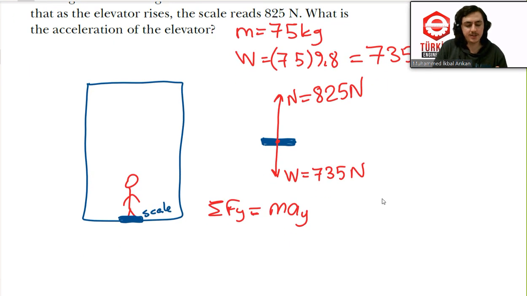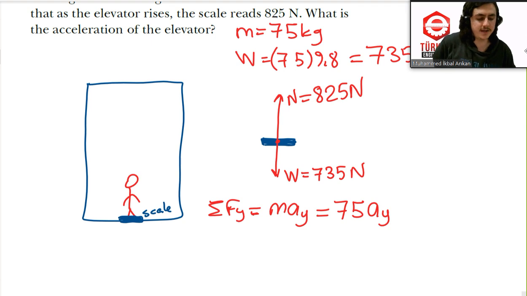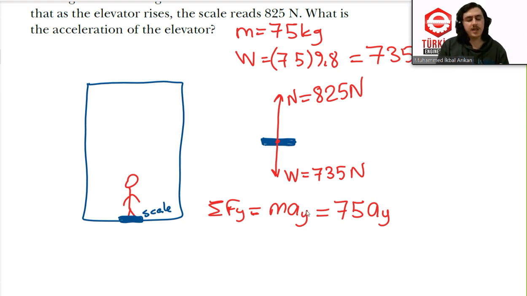Mass times acceleration in y. What about the mass? It's given, 75 kilograms, multiplied by ay. I must solve for ay. So the net force in y must be equal to 75 times acceleration in y, and this must be equal to the net force.